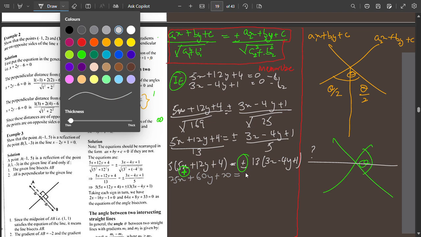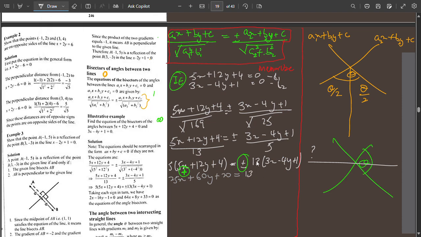It's equal to 13 times 3x, that is 39x, minus 13 times 4y, that is 52y, then plus 13. Perfect.